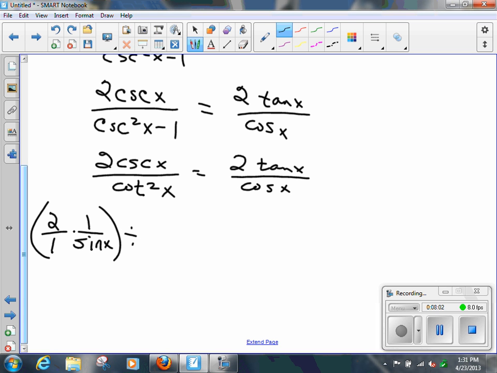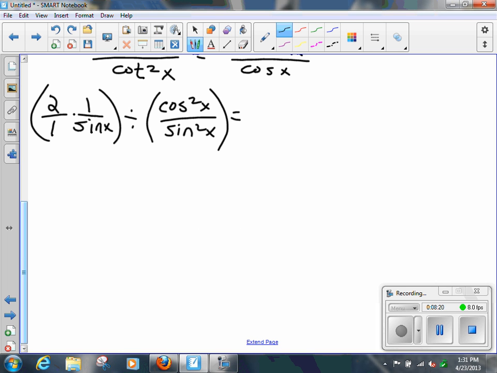Do you know what I'm doing? Okay. Cotangent squared. I am going to change that to, how can I change that? Cosine squared over sine squared. I'm going to leave that right side out there. I'm not going to mess with it. All right.